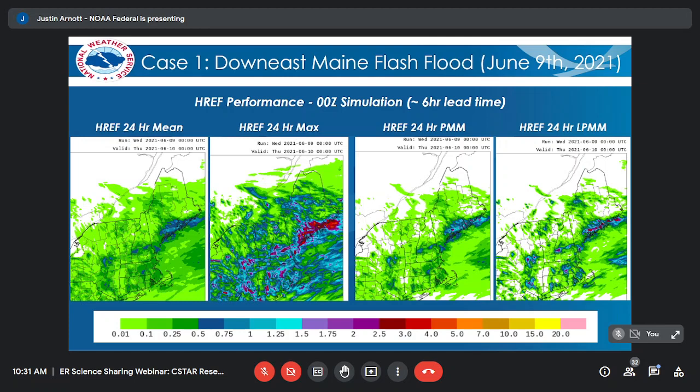And you can see it's in between the mean and the max in terms of performance. And then the LPMM, again pretty similar to the PMM, but a little bit more robust in terms of the precipitation estimate.